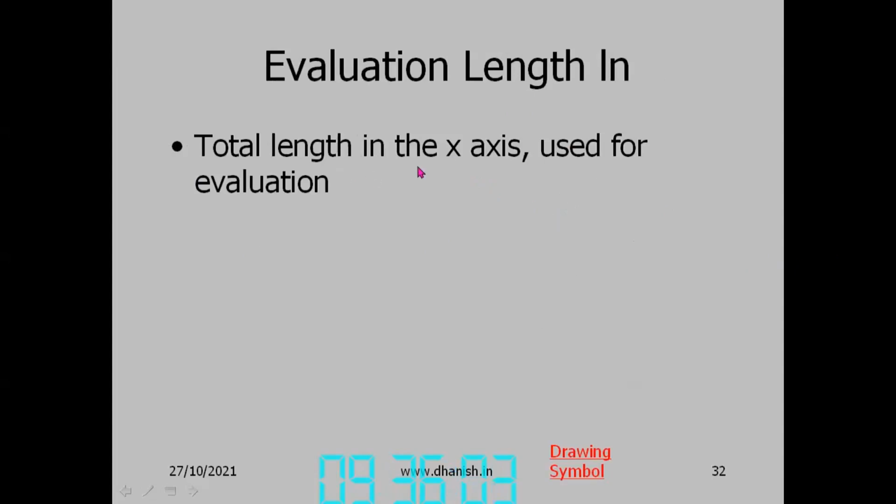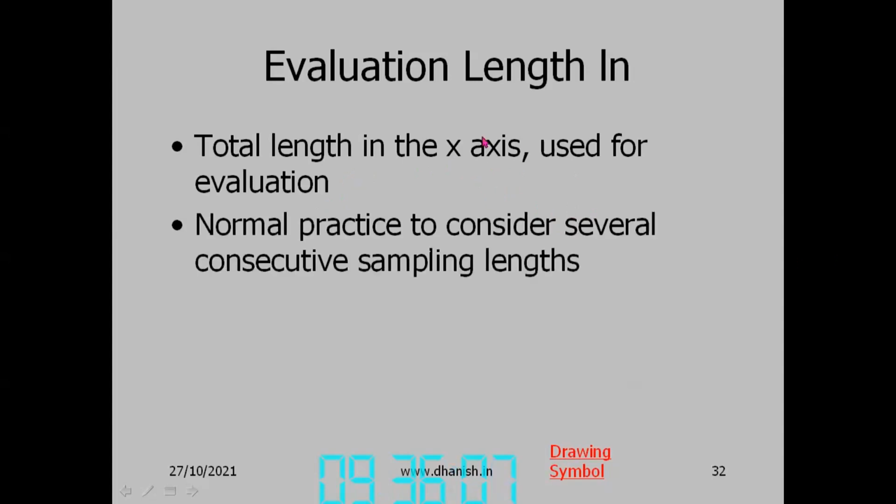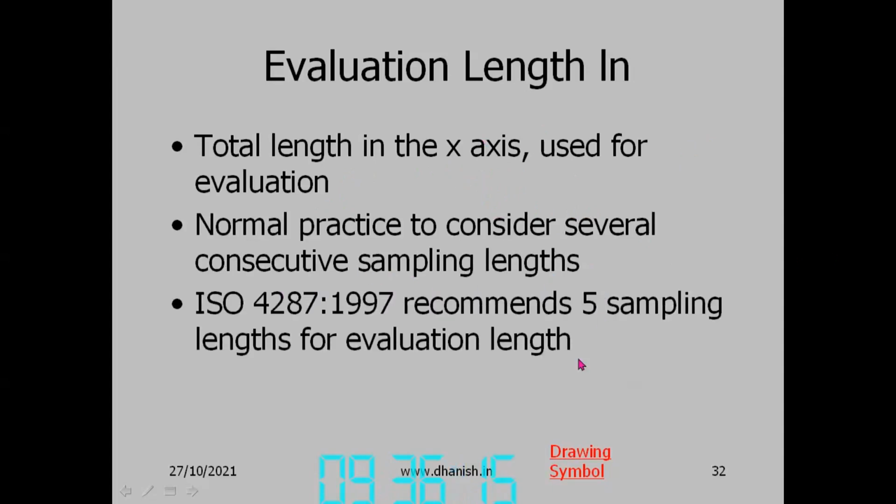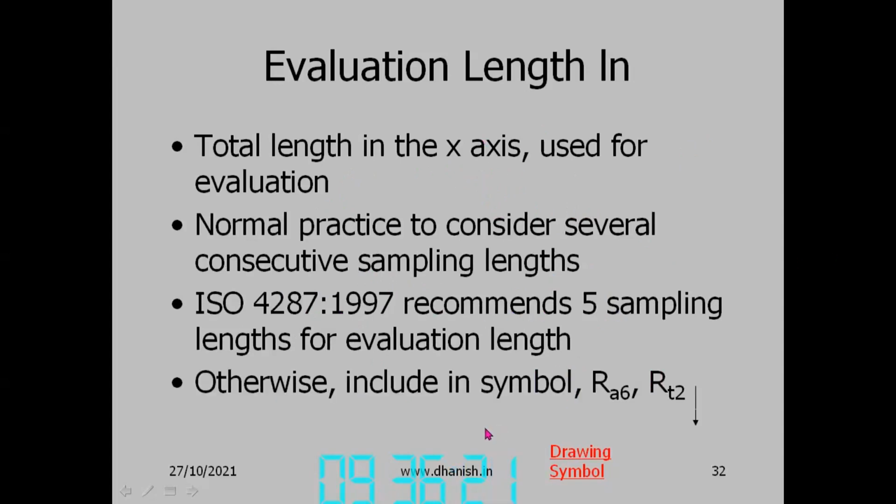Evaluation length is the total length in the x-axis used for evaluation. This is different from sampling length because one evaluation length usually consists of several consecutive sampling lengths. In ISO 4287, it is 5 sampling lengths for evaluation.